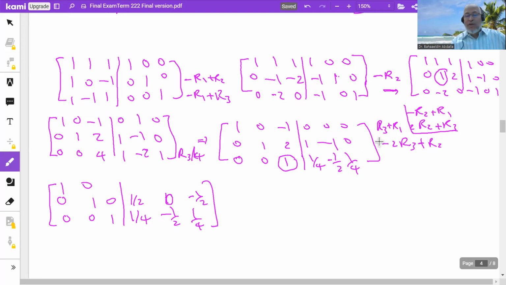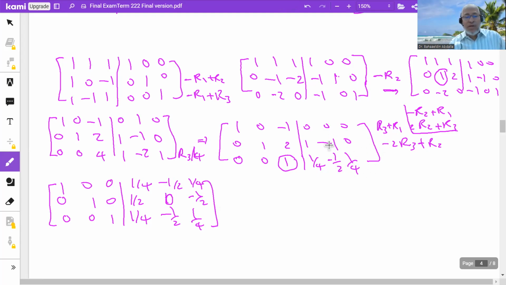Good. Then R3 plus R1, 1 minus 1 will give you 0. 1 over 4 plus 0 is 1 over 4. Negative half plus 0, negative 1 over 2. 1 over 4 plus 0 is 1 over 4. And if I check the calculator, I have half here. It is not negative half. So what is wrong?